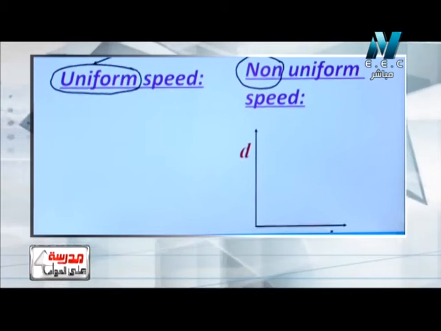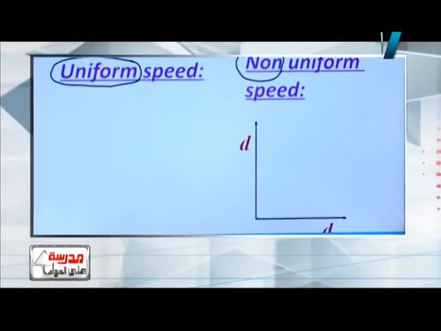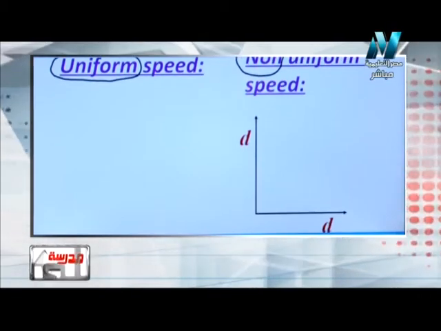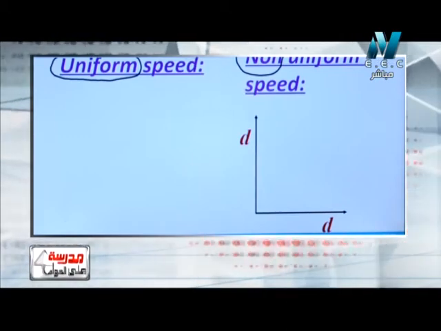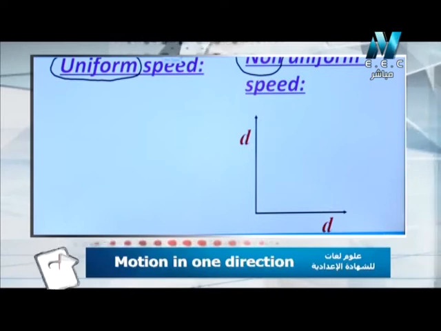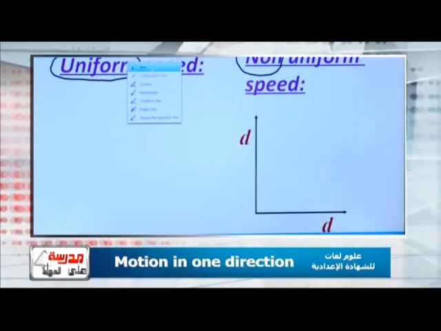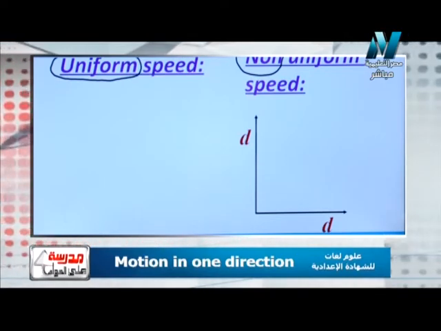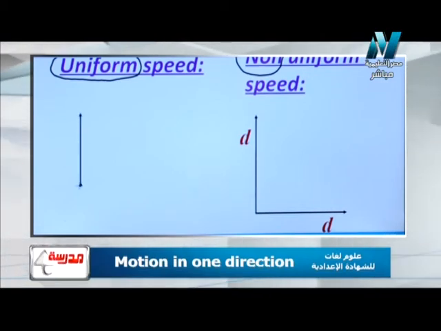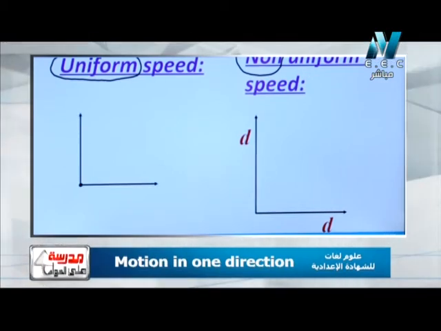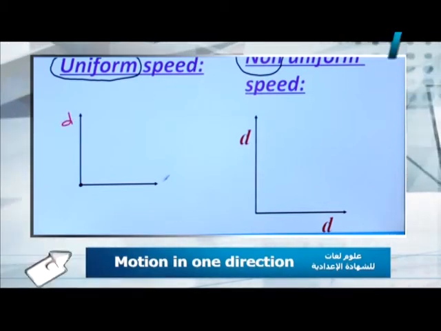We have to know how to draw the graphical representation of the two types of speed, starting with regular or uniform speed. As you see, dear students, we have two axes, the D and T axes, so here we have D-T.